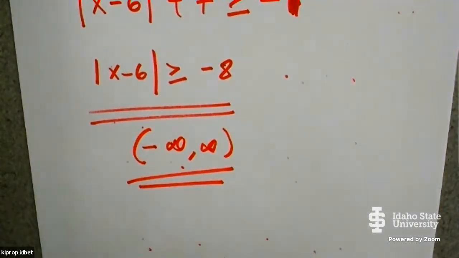So it takes all the values. At home, you go and figure out how this is. All the positive numbers are greater than minus 8. So therefore, for the algebraic notation, it is all the real numbers.